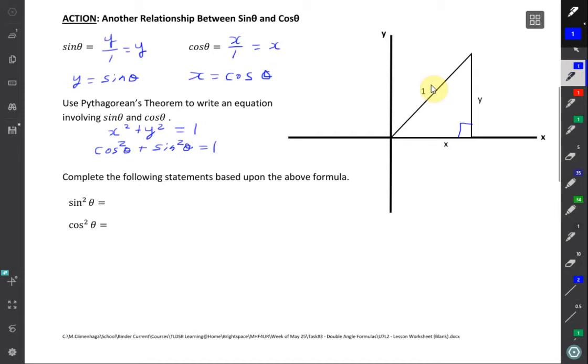We can also rearrange these. Sine squared theta would be equal to 1 minus cos squared theta. Cos squared theta would be equal to 1 minus sine squared theta. We get that from taking this expression here and, in one case, subtracting cos squared theta from both sides to end up with this, and in the second case, subtracting sine squared theta from both sides to get this second expression.